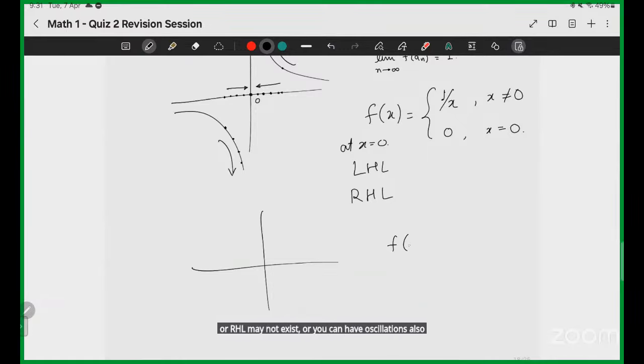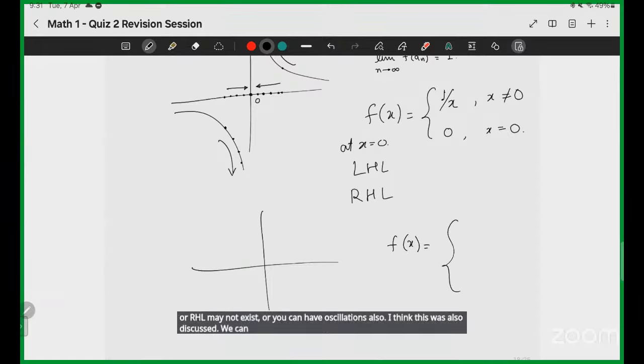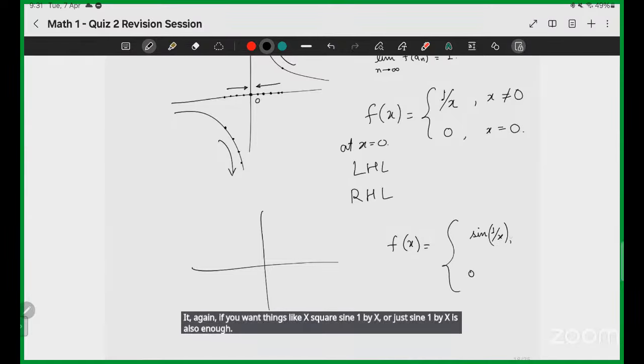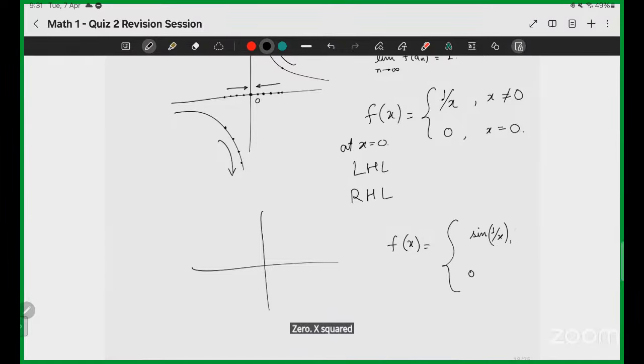I think this was also discussed. You can take a look at it again if you want. Things like x square sine 1 by x, or just sine 1 by x is also enough. Over here, even though there is no blowing up behavior, this will always be between -1 and +1. There will be infinitely many oscillations as you get closer and closer.